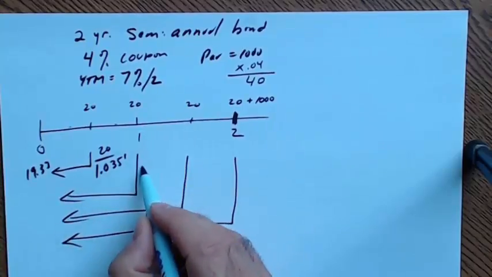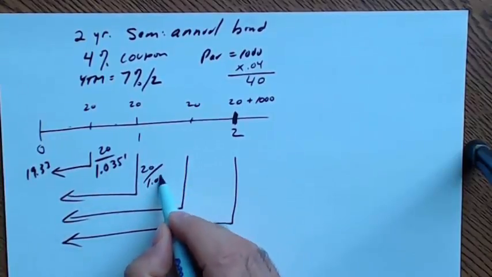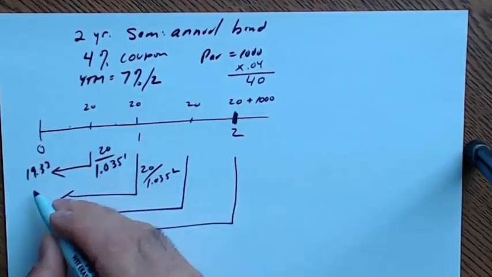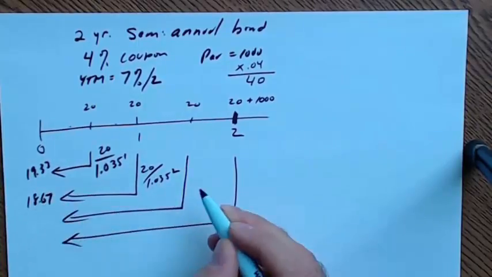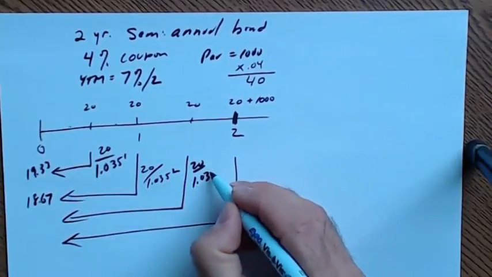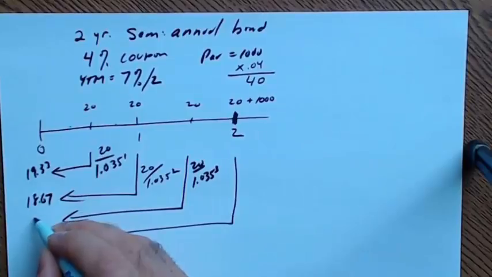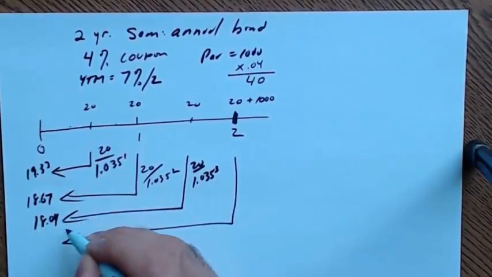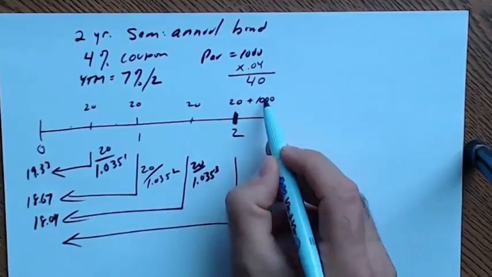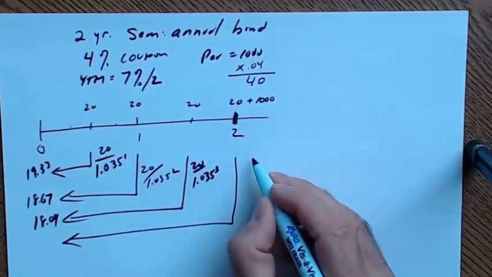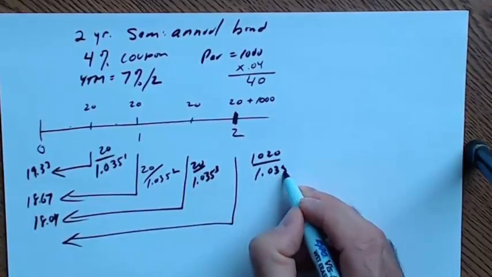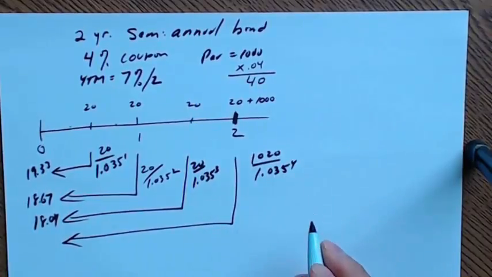The present value of the second $20, we're going to discount at 3.5% for 2 periods. That'll be worth a little less, right? And then we're going to discount this one back 3 periods. That'll be worth $18.04, and then we're going to take the whole thing. I could take the 20 and discount it back, and then discount the 1,000, or I'll just take the whole thing and discount it back.